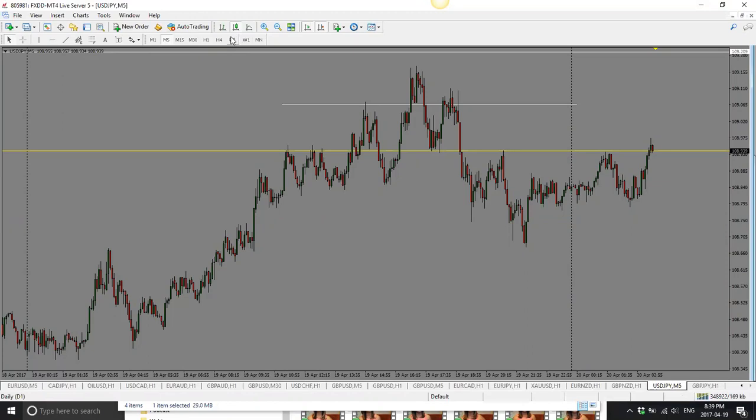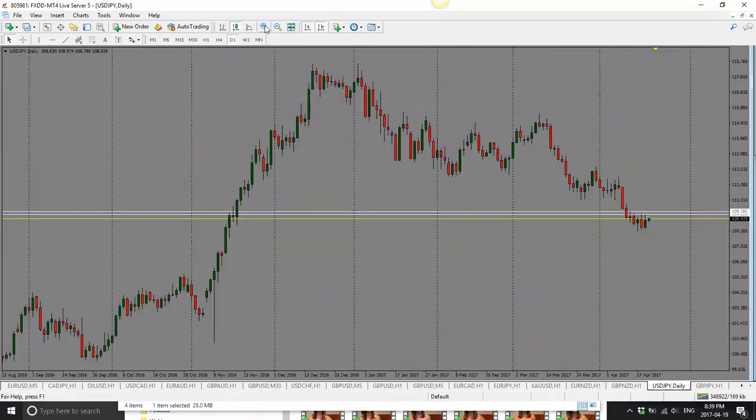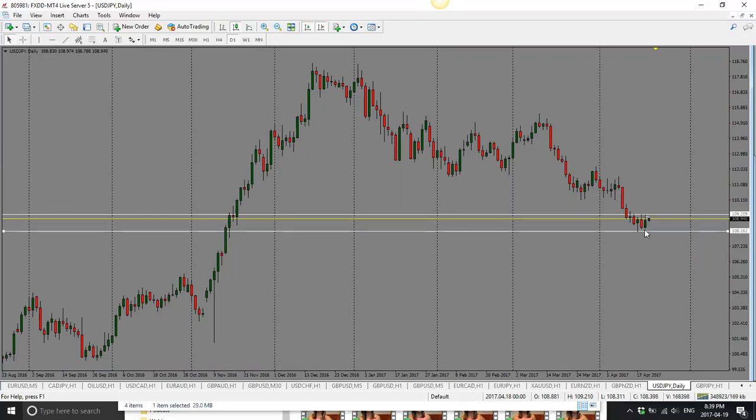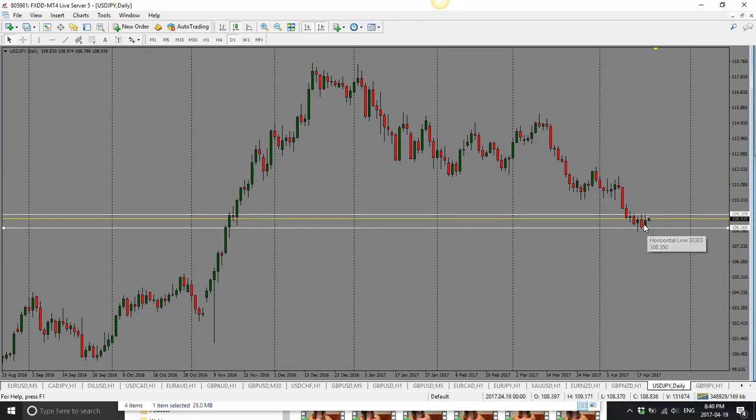So in this case, based on the daily here, we did close as a neutral candle here. So we had a bearish, and then we have the pin that is almost as big as the body here, which gives it a bullish to neutral perspective at this point.